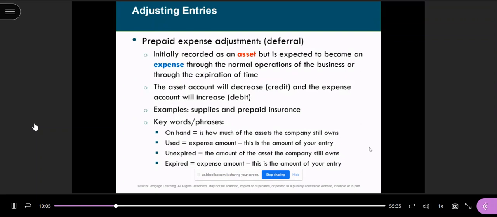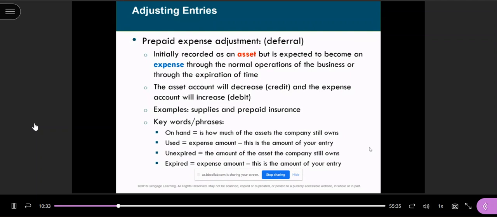And I've included some keywords and phrases for you to pay attention to when you're dealing with the adjusting entries. So anytime you see the phrase on hand, they are telling you how much of that asset the company still owns. Remember, what goes into my adjusting entry is always what we've earned or what we've used, not how much we still have or still owe. So something to keep in mind.